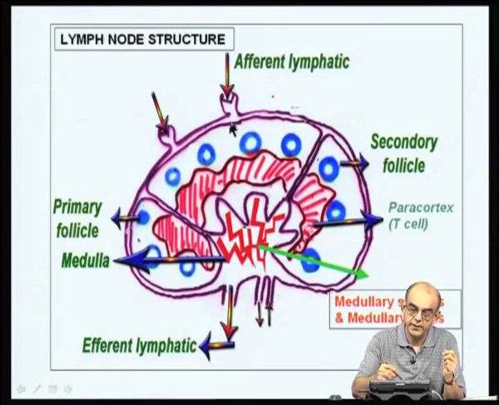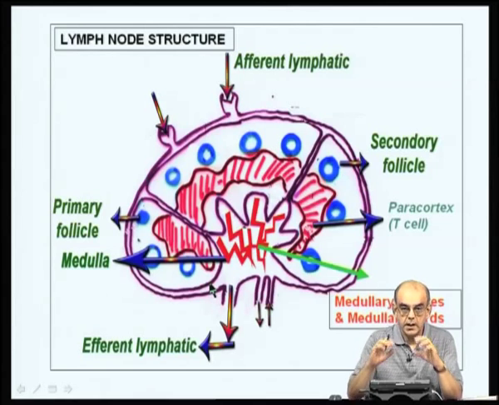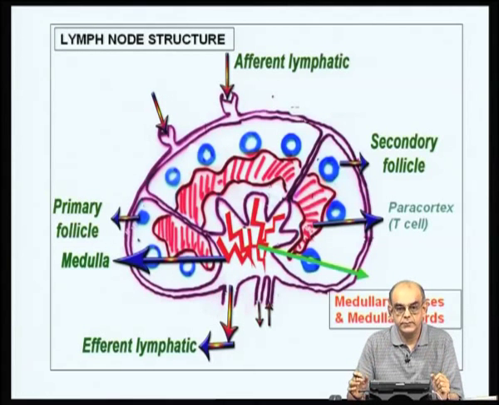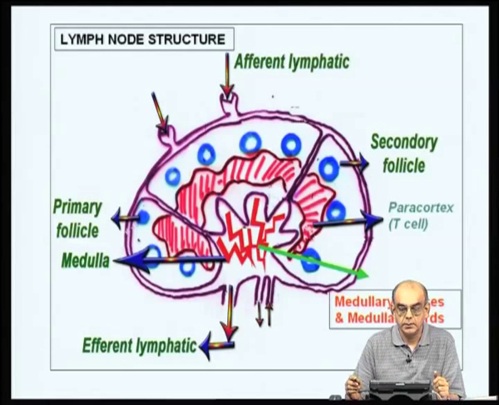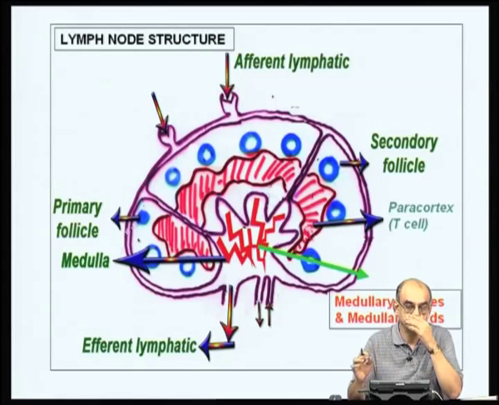This part is called the capsule, which is relatively tougher than the interior of this lymph node, and beneath the capsule you find the various cells organized into different nodules or different collections of cells.